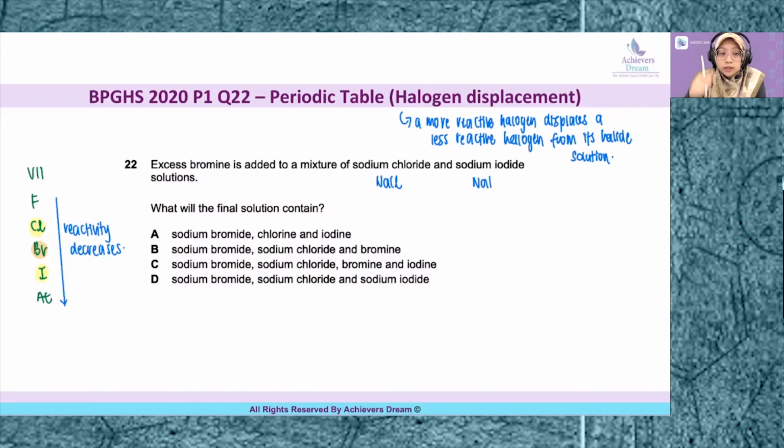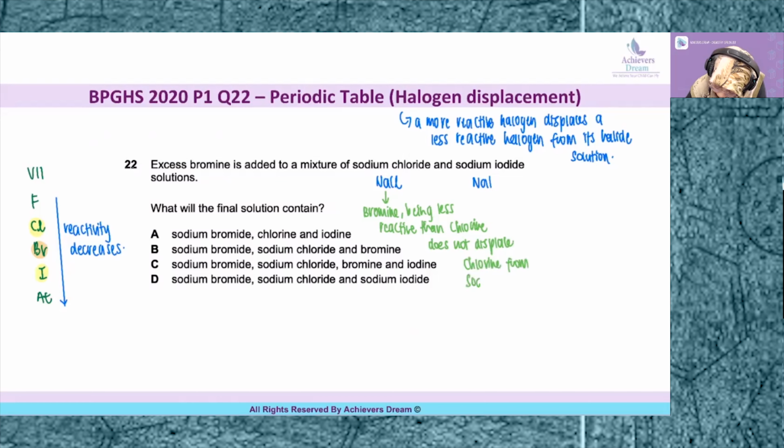Going down group 7, reactivity decreases. So out of the three, chlorine, bromine, and iodine, chlorine is most reactive. This means bromine, being less reactive than chlorine, does not displace chlorine from sodium chloride.